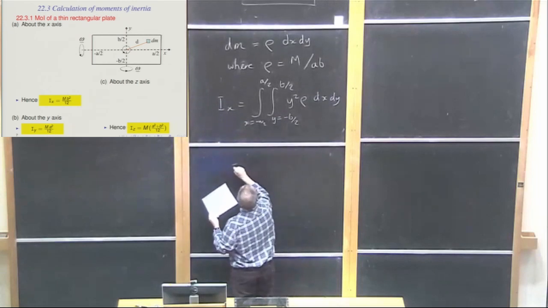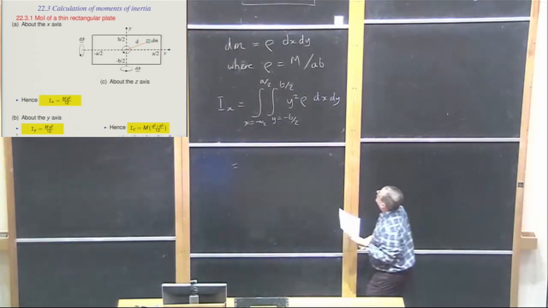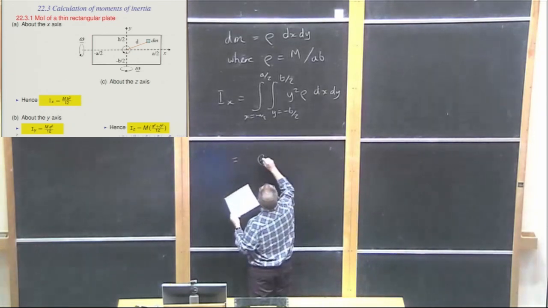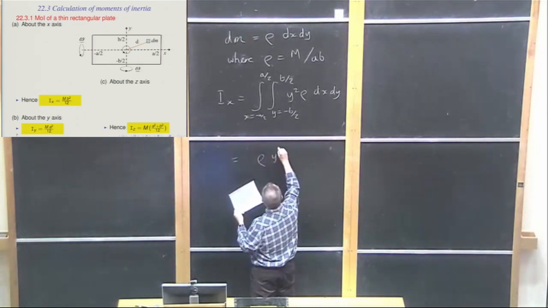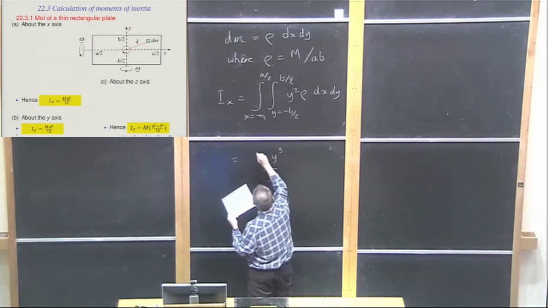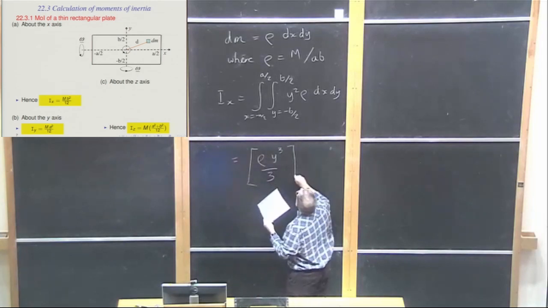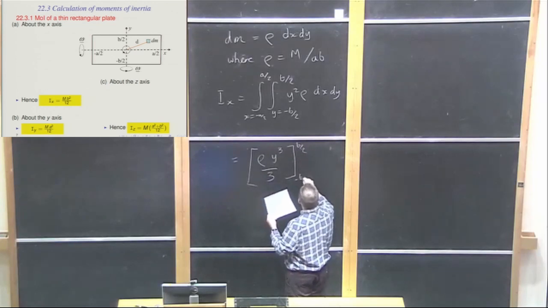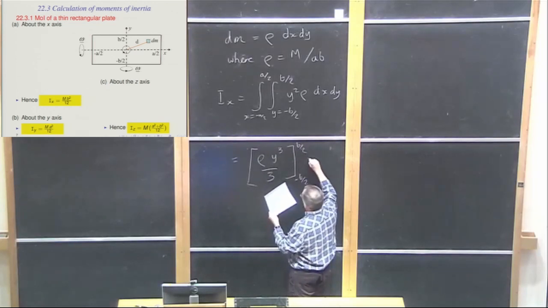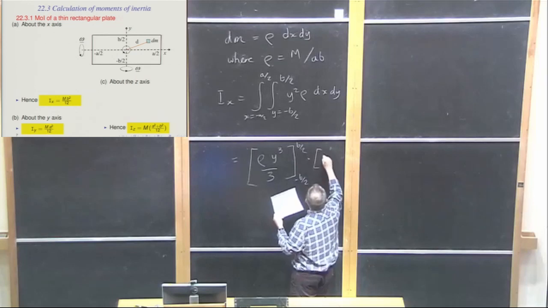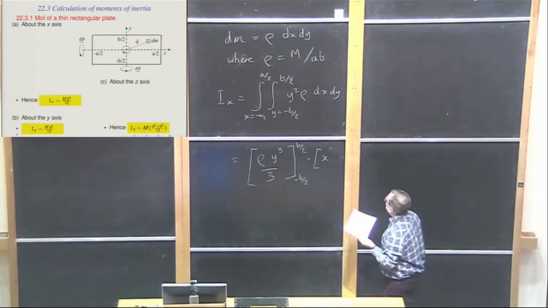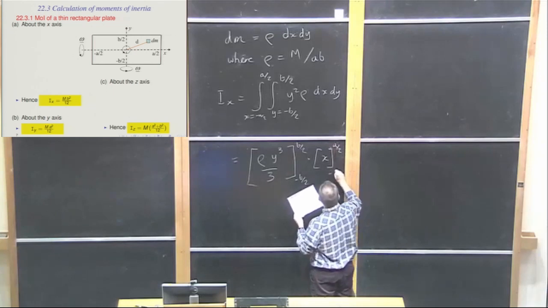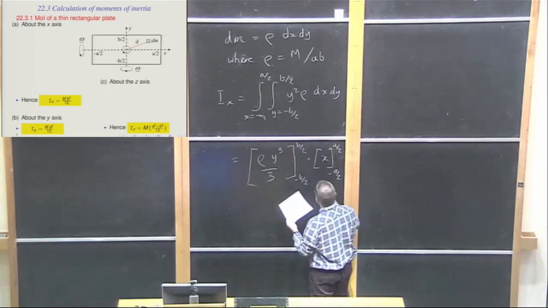Okay, so this is a simple integral. We're going to get a rho y cubed over 3 with those limits b over 2 and minus b over 2, but this is going to be multiplied by, we're also going to get the integral over x will just give us x from minus a over 2 to plus a over 2.